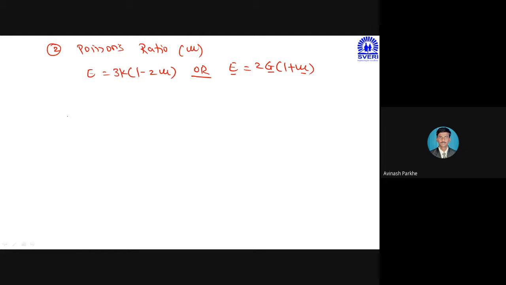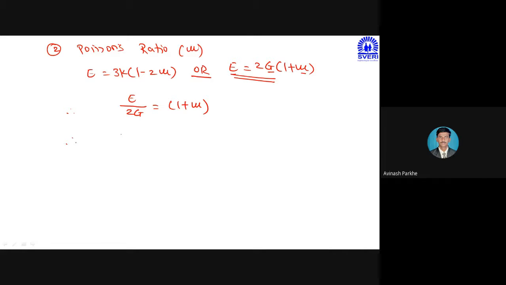Okay, so I will use any relation. For example, if I use E is equal to 2G in bracket 1 plus mu, I will modify the relation to E upon 2G is equal to 1 plus mu.